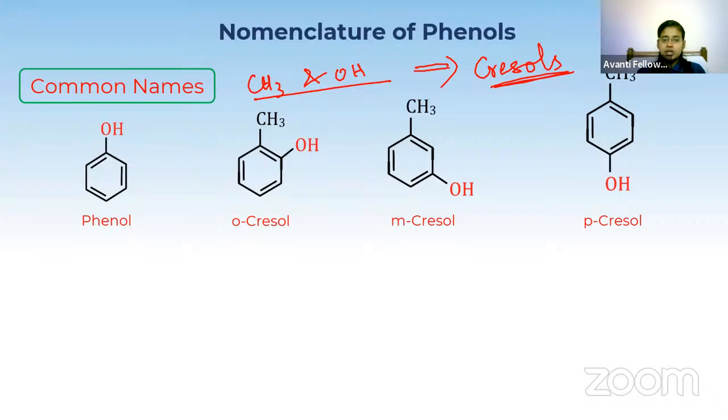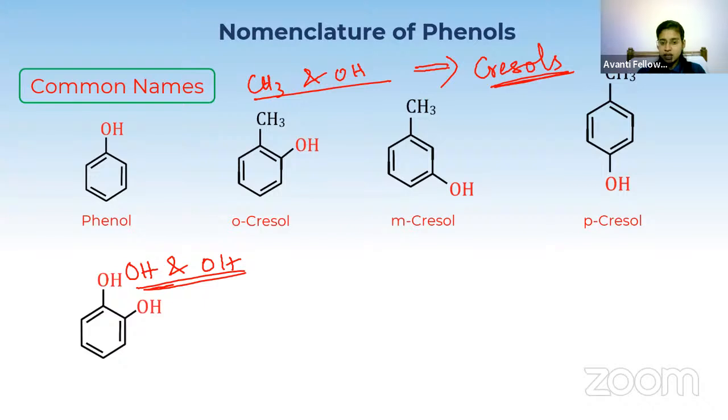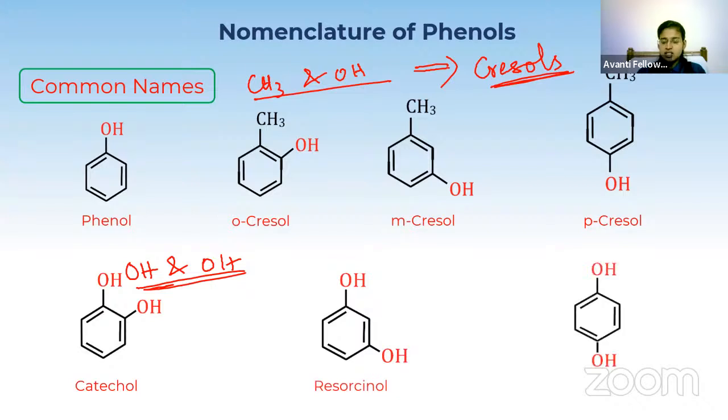Now I am going to take one more type of system in which I have 2 OH groups. If 2 OH are present in adjacent position, it is catechol. If they are alternative with each other, it is resorcinol. If they are opposite to each other, it is called quinol. Already we have studied about these 3 compounds in the classification, right?